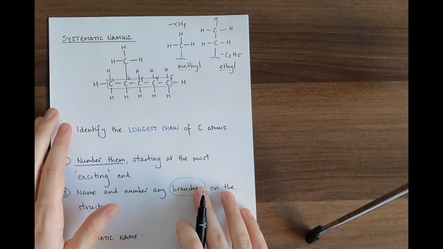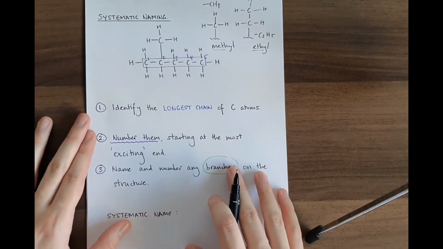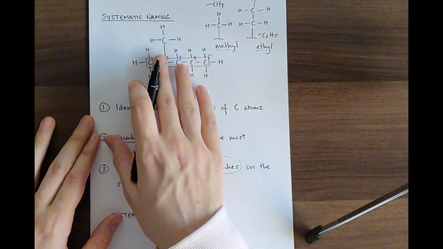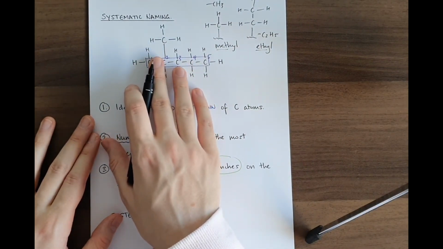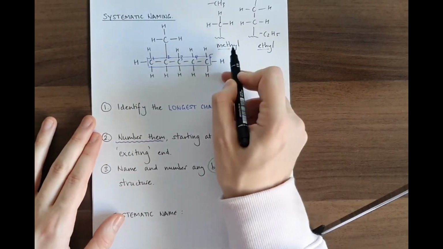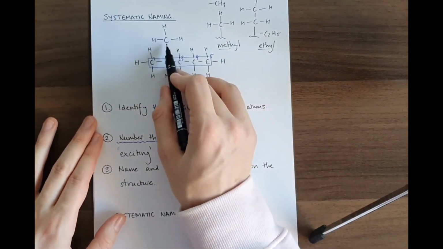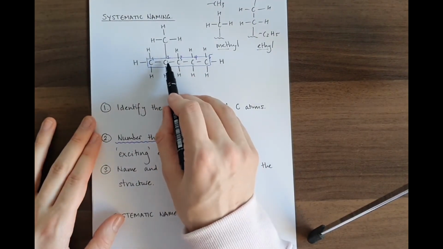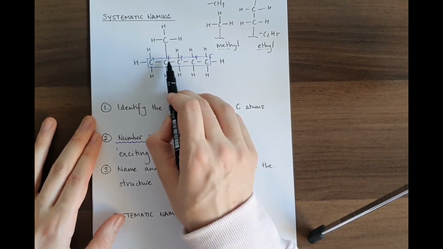So what we want to do is use that knowledge of what these branches are called to name and number the branch that we have in our compound. So by name, I just mean choose one of these names to match however many carbons are on the branch. And by number, I just mean indicate which carbon of the main chain it is bonded onto.